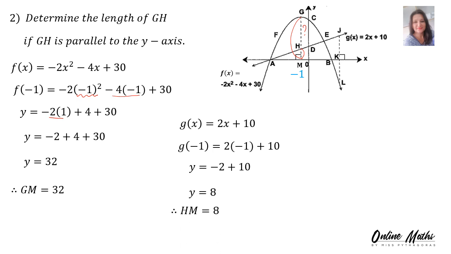So that implies that HM's length is equal to 8. Then to get to GH, we will say GH equals the length of GM minus the length of HM, which is 32 - 8, and then the length of GH is 24 units.